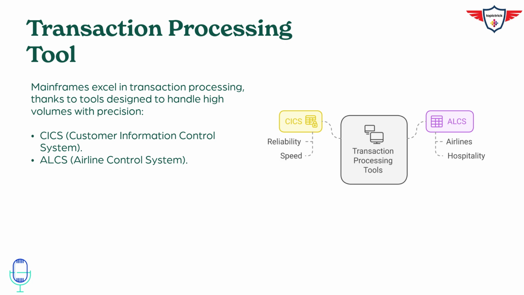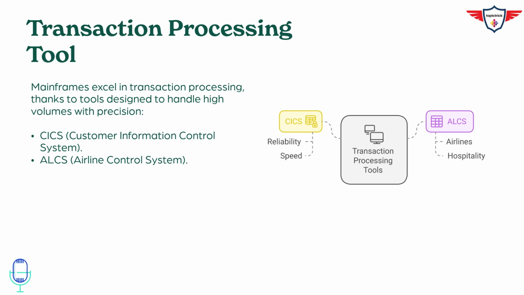It's easy to overlook the complexity involved in something as seemingly simple as buying something online. Exactly. And we also have ALCS, which sounds like it's tailored for specific industries. Yes. ALCS stands for Airline Control System. And as the name suggests, it's specifically designed for reservation systems in the airline and hospitality industries.